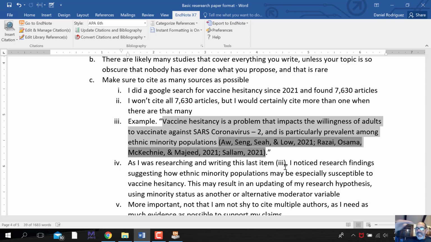So instead of doing it in a series, one article after the other, we use this more mature way of writing, which is summarizing ideas that are shared by multiple sources into a single sentence.